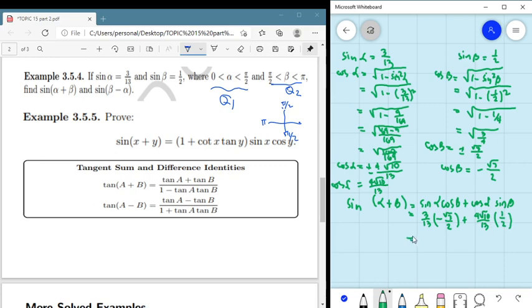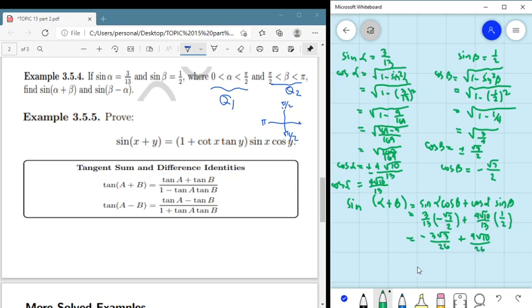So simplifying further, the answer here is negative 3 square root of 3 over 26 plus 4 square root of 10 over 26.